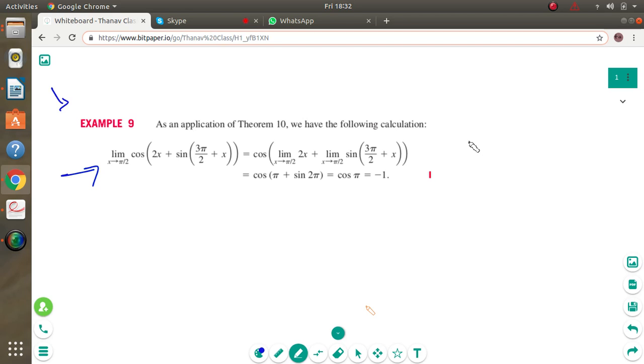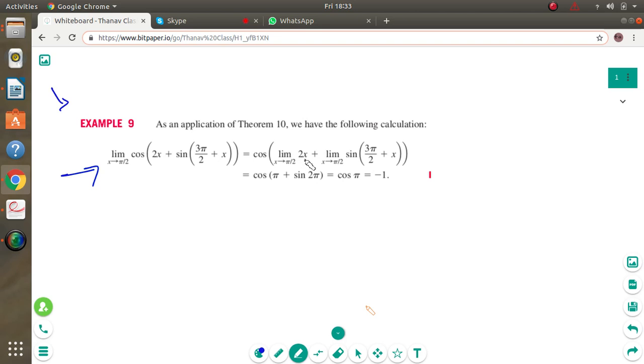Okay, you are saying that cosine of whatever that is is the g of x, and sine of 3 pi by 2 plus x is your f of x. You have taken the limit inside here.